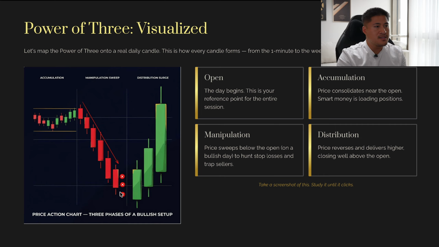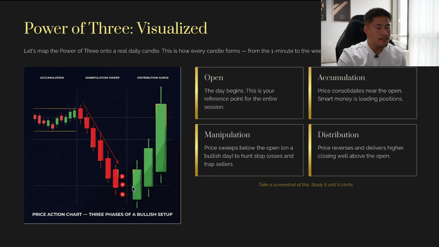So the big hedge funds, the big banks now put their real positions in, because now they are going to buy with their massive volume, and that massive volume is moving price upwards. What then happens is all the retail traders, who are stuck in their sell positions, have their stop losses right there, right?